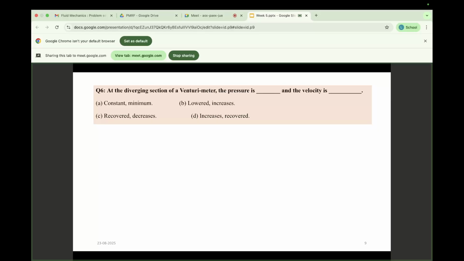This is a simple concept on Bernoulli's equation. See, the venturimeter, or if you talk about the pitot tube, each and every device works on Bernoulli's principle. So if you understand Bernoulli's principle, you will be able to answer this one.